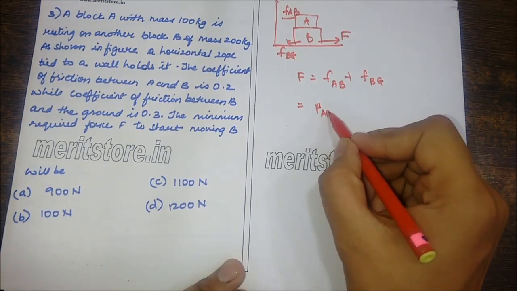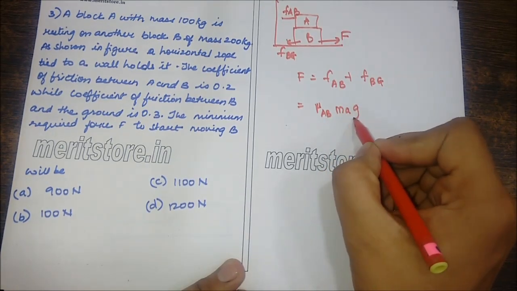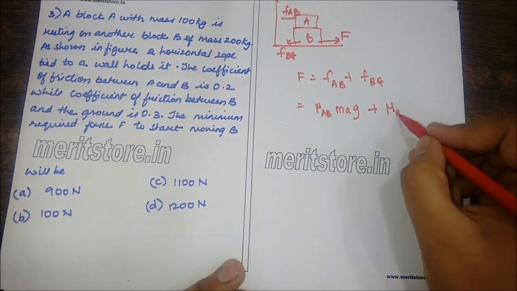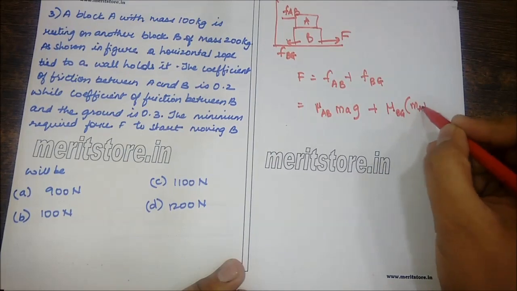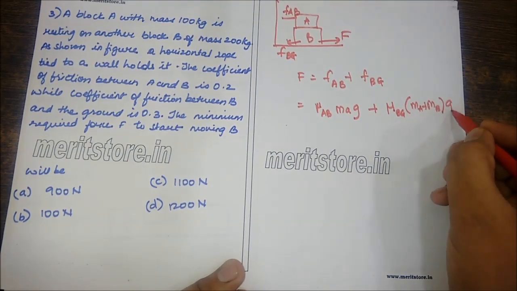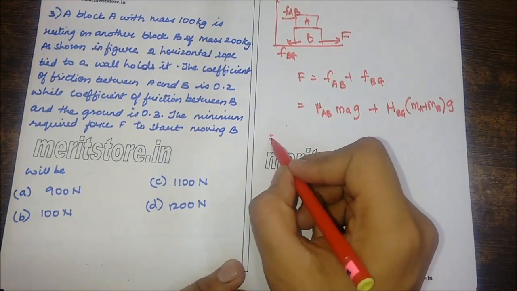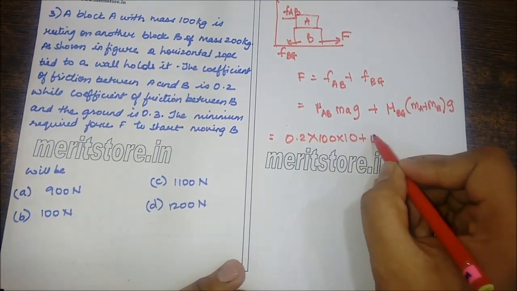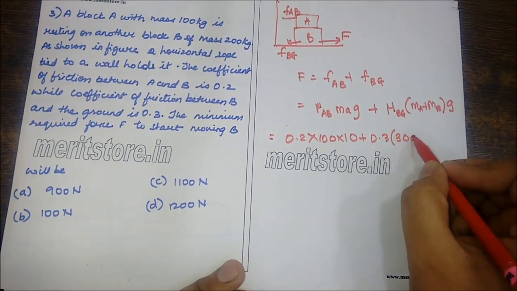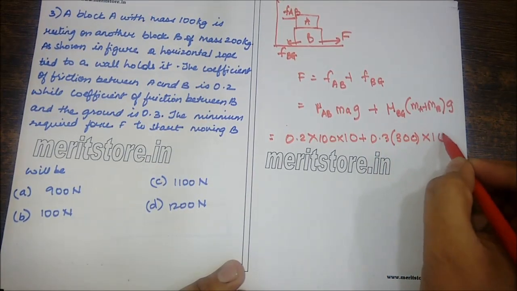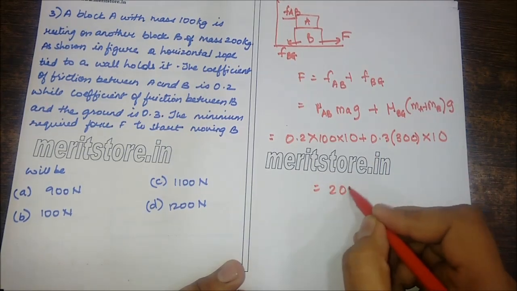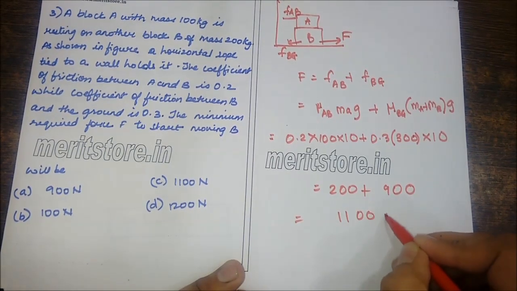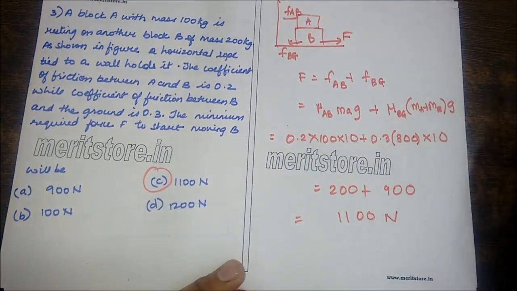So mu AB mA g plus mu BG (mA plus mB), mass of A plus B, into g, which gives us 0.2 into 100 into 10 plus 0.3 into 300 into 10, which is equal to 200 plus 900, which on solving we get 1100 Newton. So option C, 1100 Newton is the correct answer.